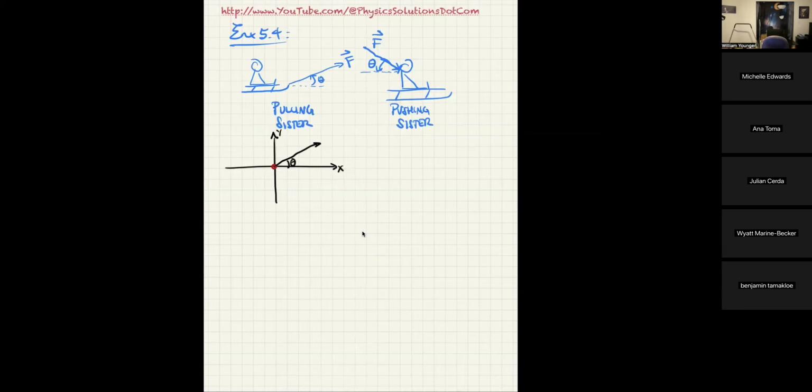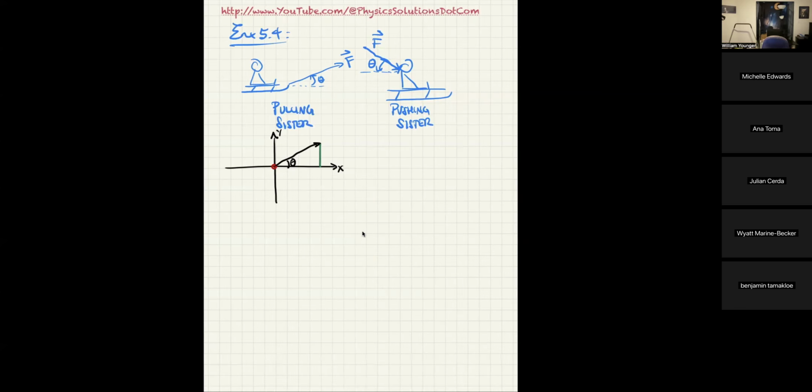So what that's going to have is a positive y component and a positive x component. And then we're going to also have a normal force Fn, and a weight W, and we're also going to have a friction force F. We're actually pulling her, so this is kinetic friction. That's equal to mu kinetic times the normal force.